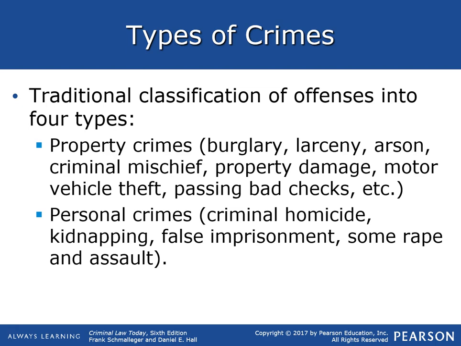There are basically 4 types, and it's going to go from state to state. It might be different in Texas versus Florida versus California, but basically we're going to lump these offenses into 4 different types. The first type is going to be property crimes.